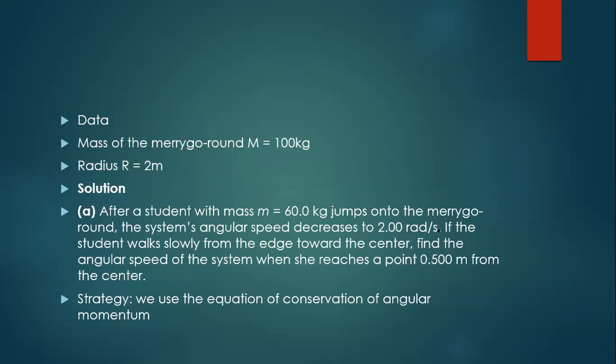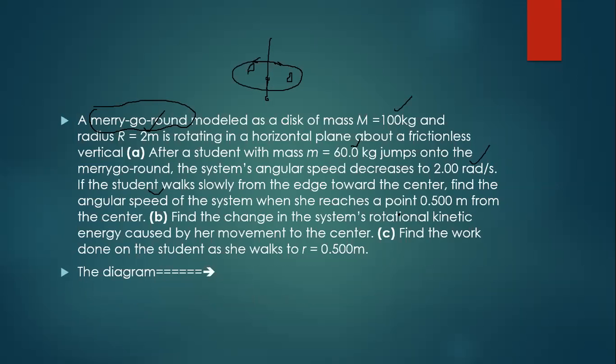So they are telling us, if the student walks slowly from the edge towards the center, find the angular speed of the system when she reaches a point 0.5 meters from the center.